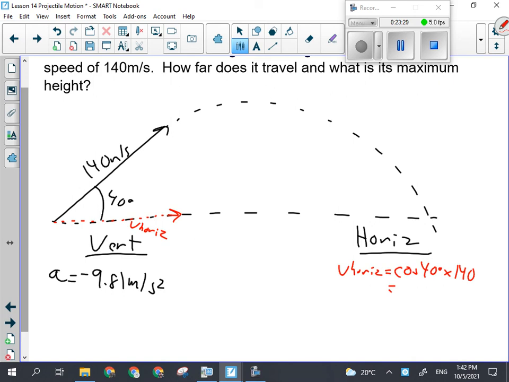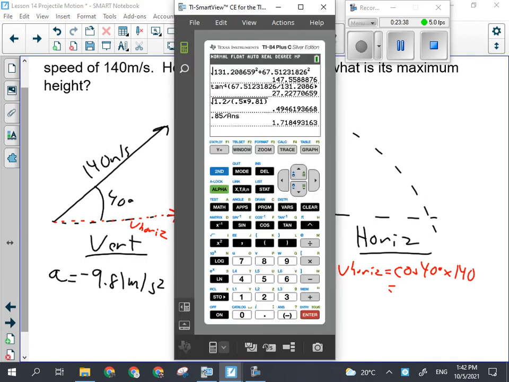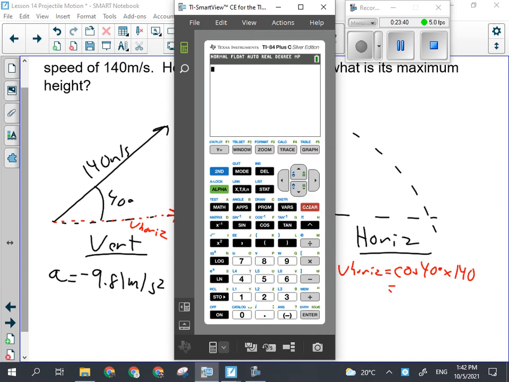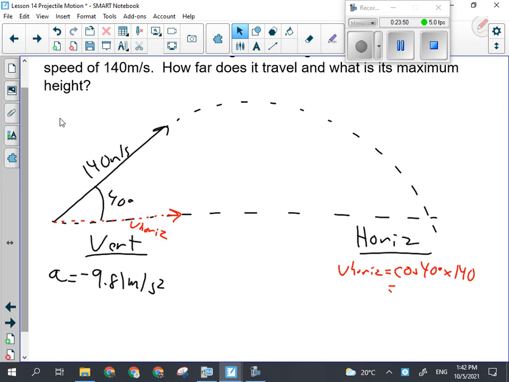That'll tell me how fast it's moving horizontally throughout the entire flight, because it's not going to change its horizontal velocity. Okay, so it's moving at 107.25 meters per second horizontal.